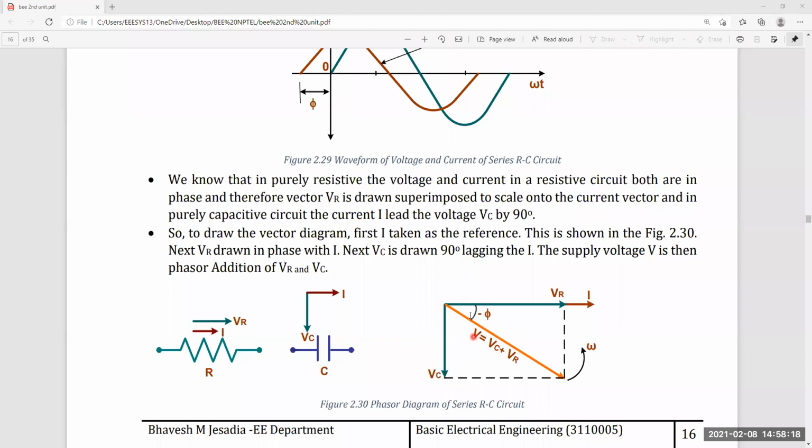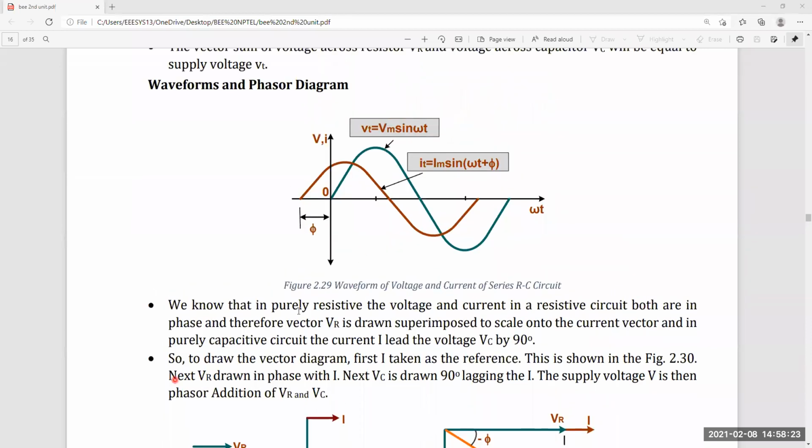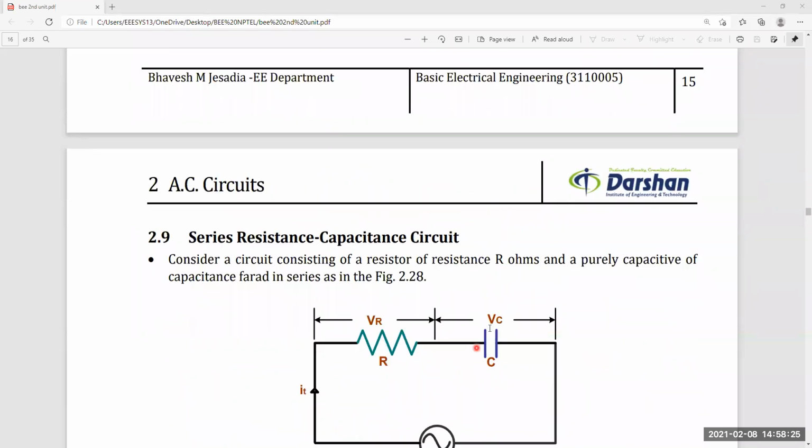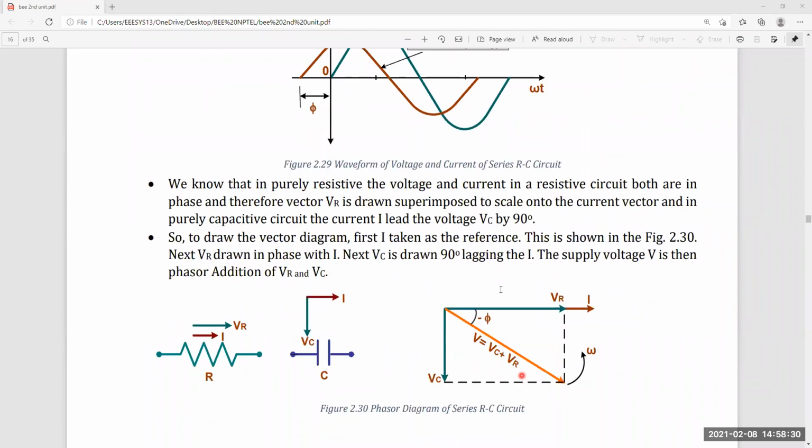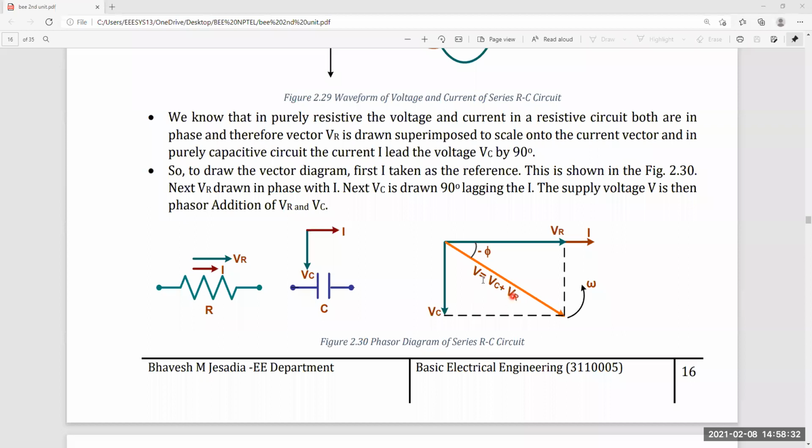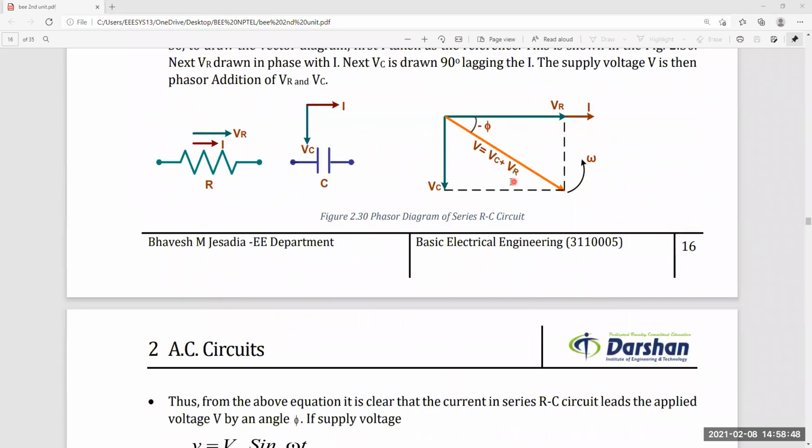The resultant of these two voltages is called the total voltage V. So V is equal to VC bar plus VR bar. Otherwise V is equal to the square root of VR square plus VC square, according to Pythagoras. In this way we get the voltage across the series RC circuit.